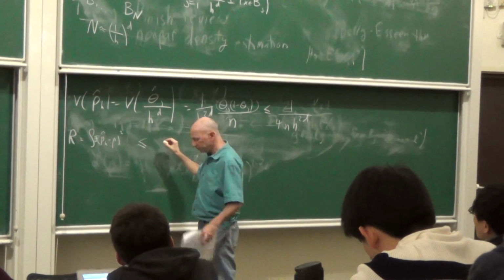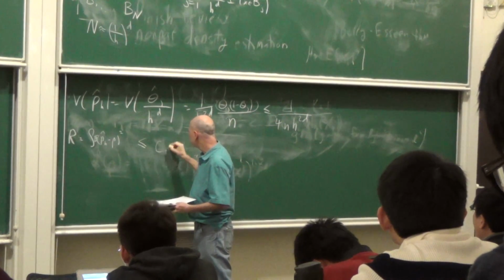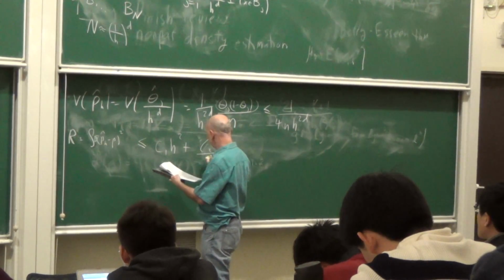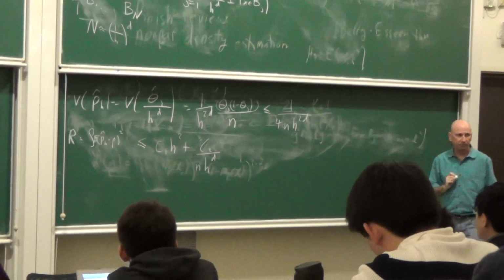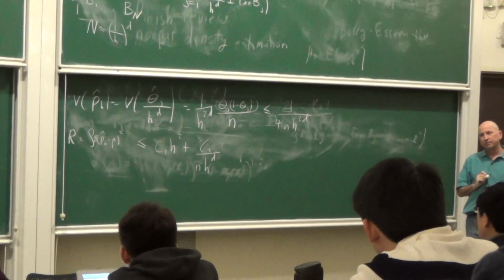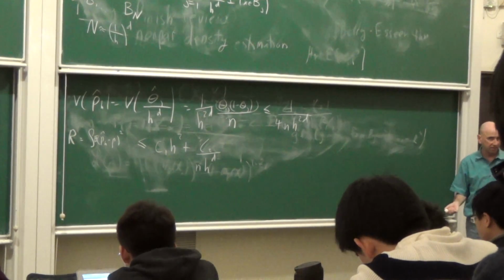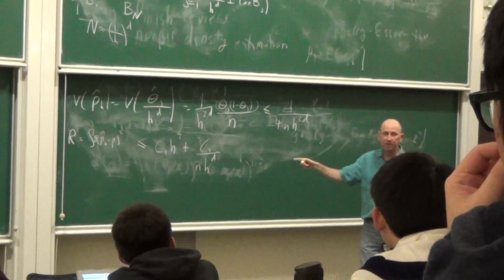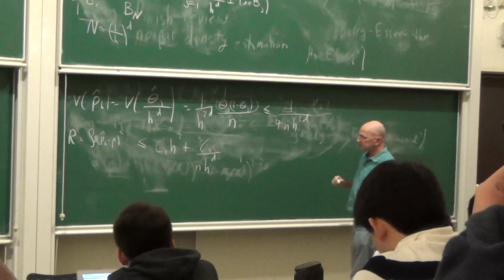This is less than or equal to some constant times h squared, plus some constant over n h to the d. Everybody with me? I just computed the bias, the variance. We know the bias squared plus the variance is the mean squared error. And when I integrate over the unit cube, it doesn't change anything because none of those bounds depend on x. So there you go.